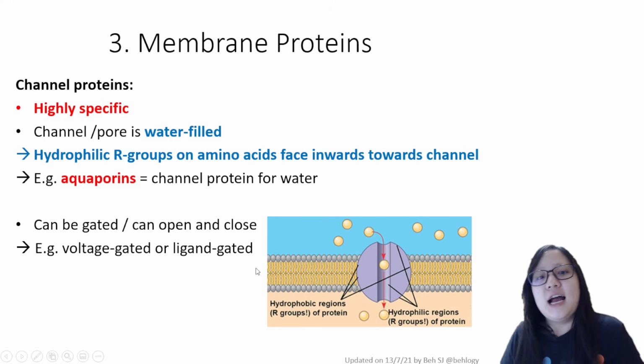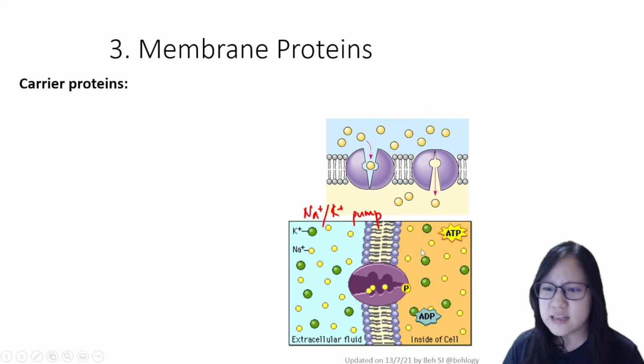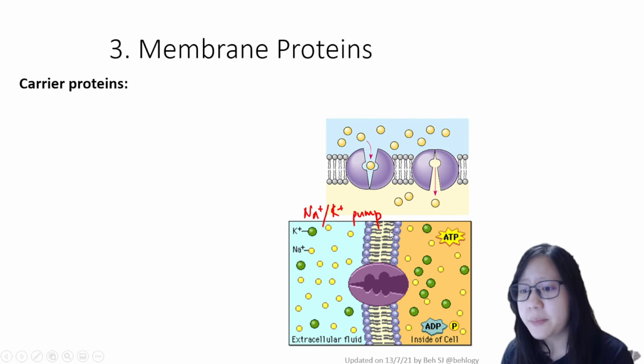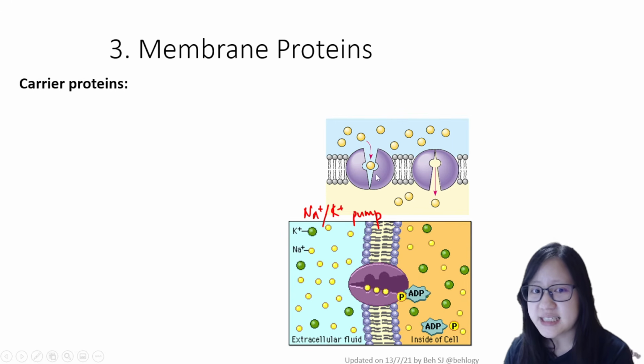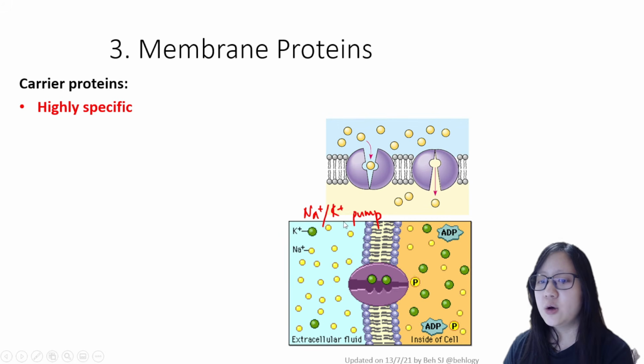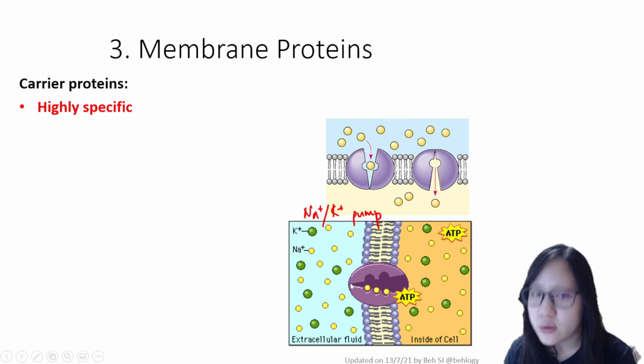Now, how about carrier proteins? One example we learned about carrier proteins is the sodium-potassium pump. And just like channel proteins, they are also highly specific. So this pump here can only transport sodium and potassium and not anything else. So sodium and potassium ions only.